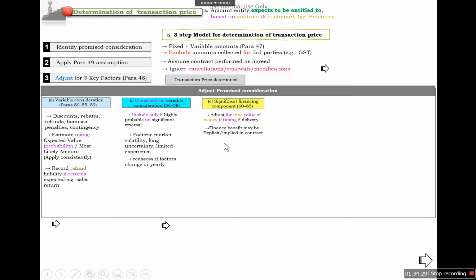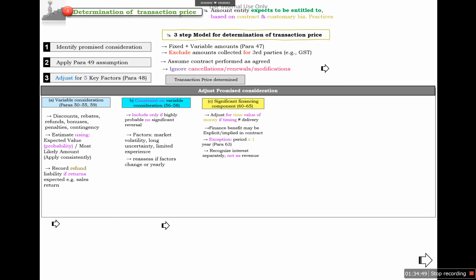The financing benefit may be explicit or it may be implied in a contract. If the period is less than 1 year, then Ind AS 115 provides an option not to separate the financing component. But if the period is more, then we need to recognize the financing component.